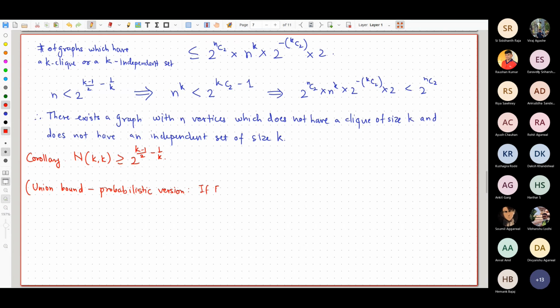If E1 through En are events in the same sample space, then the probability of the union of these events, E1 union E2 union ... union En, is less than or equal to the summation over i going from 1 through n of the probability of Ei.